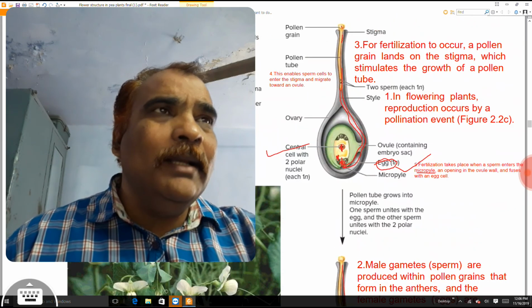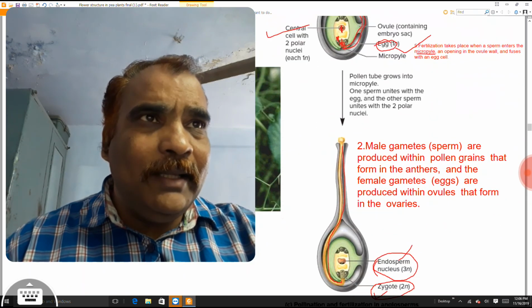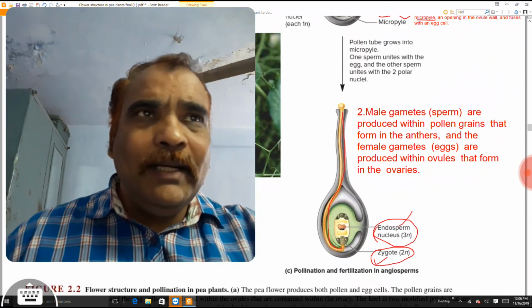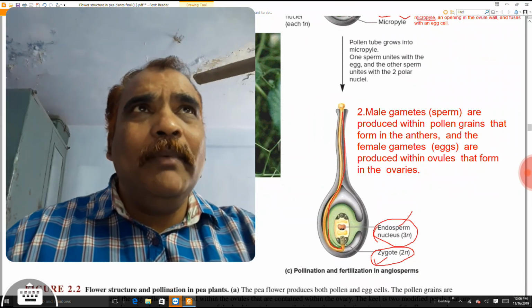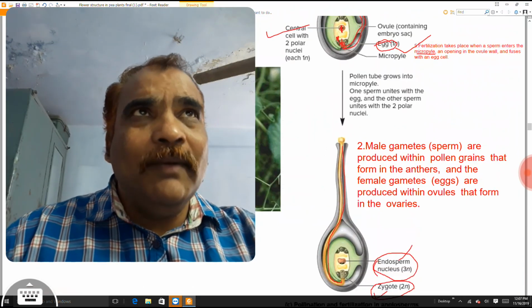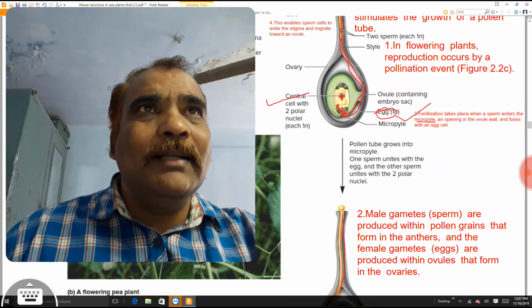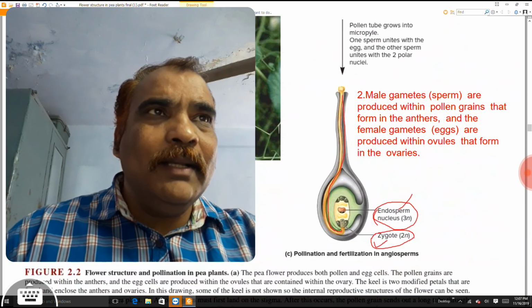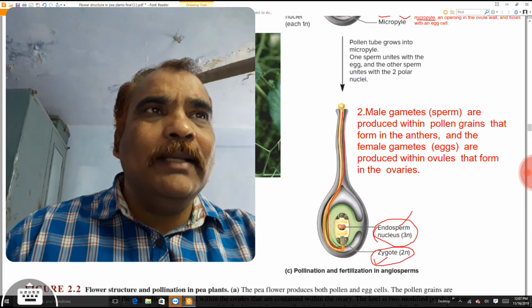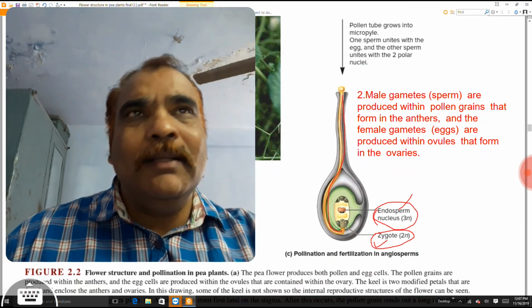From the micropyle the pollen tube enters, and the two sperms are released in the ovule. After the release, one sperm fuses with the egg cell, and one sperm fuses with the central cell. After fertilization, the central cell is known as the endosperm nucleus, and the egg cell fertilized by the sperm is known as the zygote.